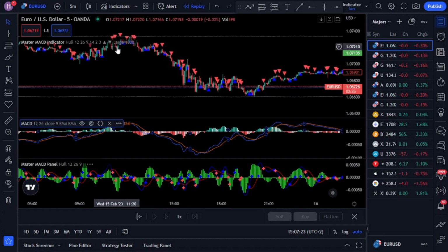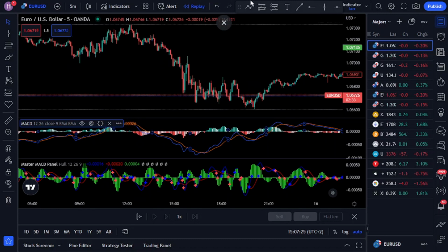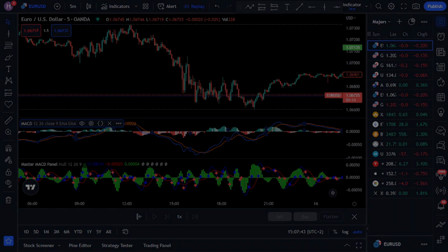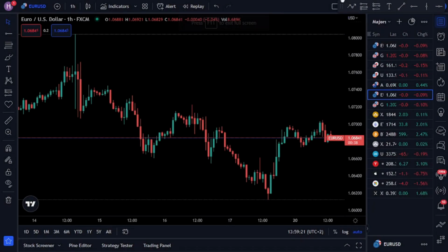The Master MACD indicator incorporates a faster, more adaptive kind of moving average, the Hull moving average. Because of this, the Master MACD reacts faster to market changes. That is why you can enter the trend with near perfect timing, and it also helps you identify explosive breakout moves with great accuracy.